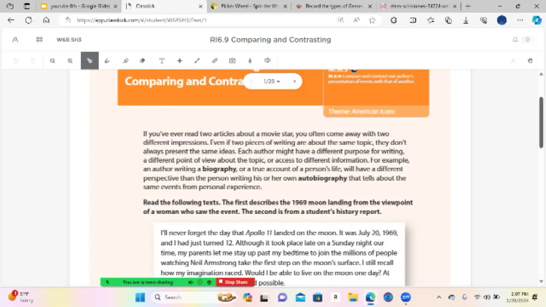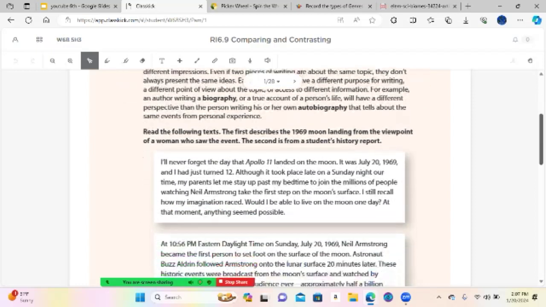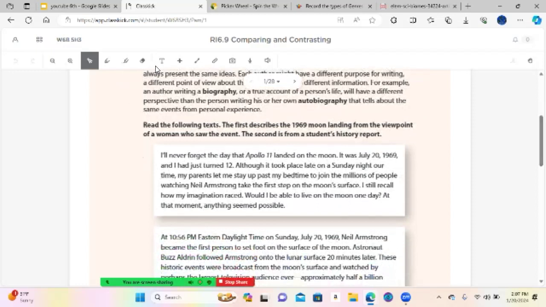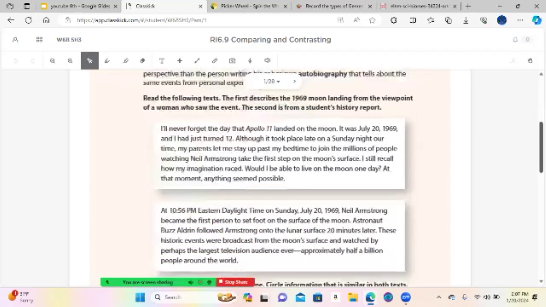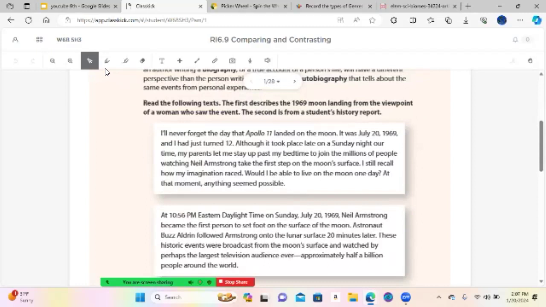Okay, so it says read the following text. The first describes the 1969 moon landing from the viewpoint of a woman who saw the event. The second is from a student's history report. I'll never forget the day that Apollo landed on the moon. It was July 20, 1969, and I had just turned 12.